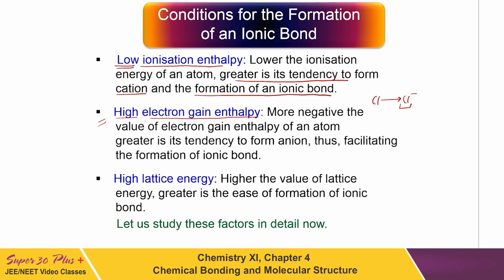So if the value of electron gain enthalpy is higher, the electron will be added to form the anion very easily, and of course it will favor the formation of ionic bond. So we also conclude that a higher value of electron gain enthalpy is in favor of the formation of ionic bond.